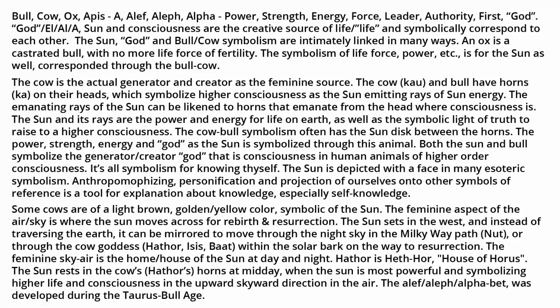This comes from the bull, cow, ox, or Apis head to derive the letter A for Aleph, to represent God, to represent power, strength, energy, force, leader, authority, first, which is what Ka represents through the bull. The Ka of our arms, our hands, and the deeds we can create, our actions into the future to create change in time. Well, those hands, those arms, that's power, strength, energy, force, leadership, authority, and what comes, I guess, first.